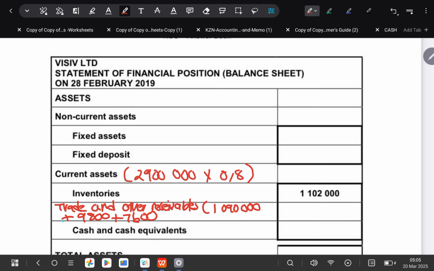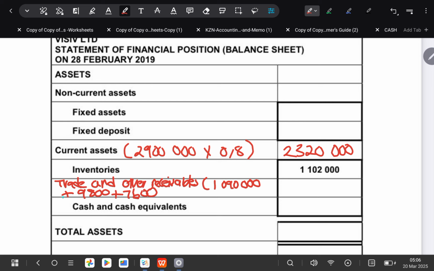So let's check how much we are going to get. 2,900,000 multiplied by 0.8 is going to give you 2,320,000. And then from there, you have your current assets. You can close in your trade and other receivables.